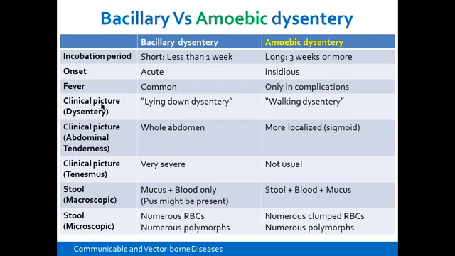Then we have the clinical picture, where you have lying down dysentery, and then you have walking dysentery. This is just to show the severity. In bacillary dysentery, the pain or the dysentery itself will be so much that you cannot even walk straight. You have to lie down to feel better. Walking dysentery means you can be moving, but you're having some discomfort.